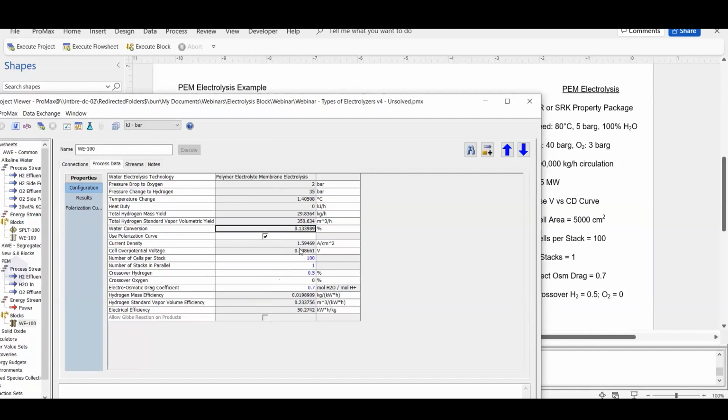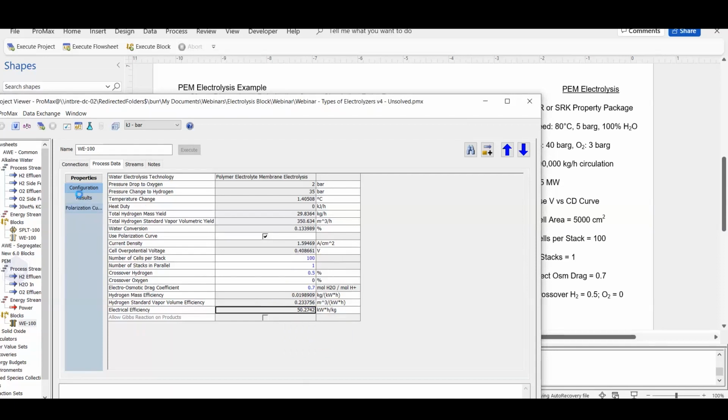And here you can see at this amount of power that we're supplying, this is where we are on the current density and over potential voltage graph. Because we specified all the dimensions, as we change power, we're changing current density, and the block is determining what the current density is and the over potential voltage from the values of the curve that we entered. And here's our electrical efficiency, a little bit lower than we saw on the alkaline water case.